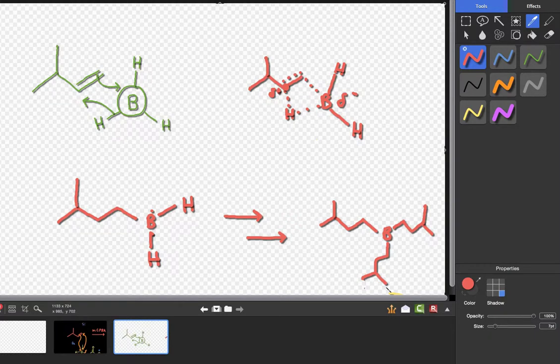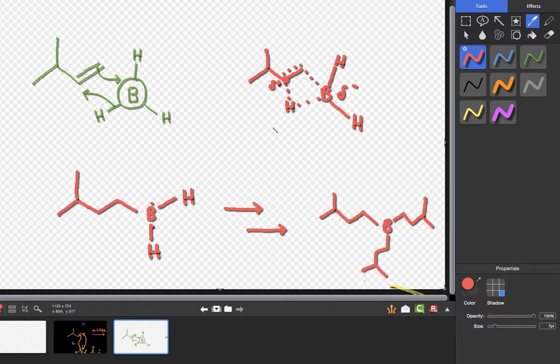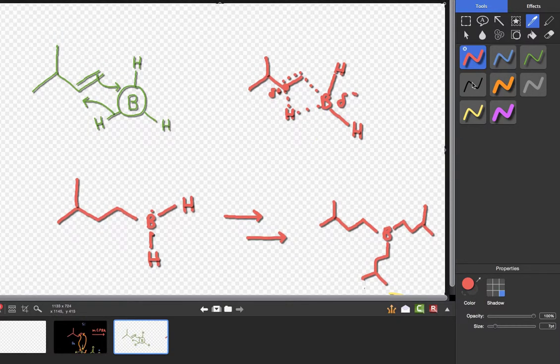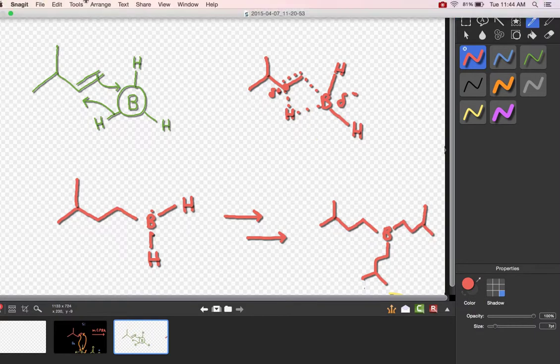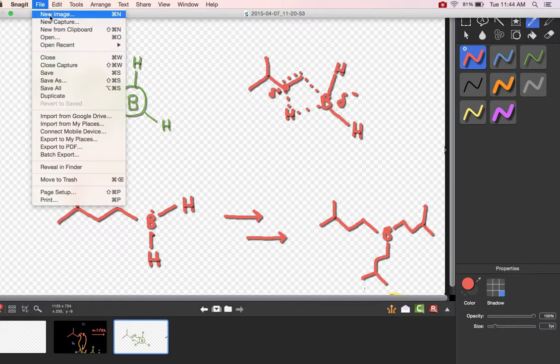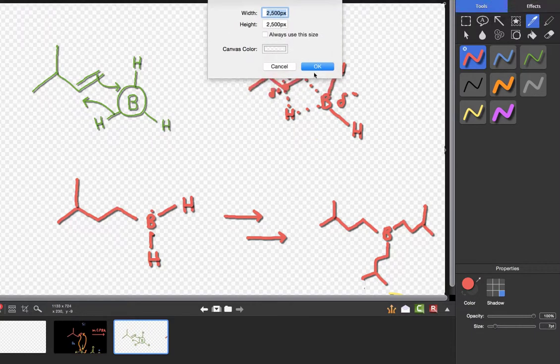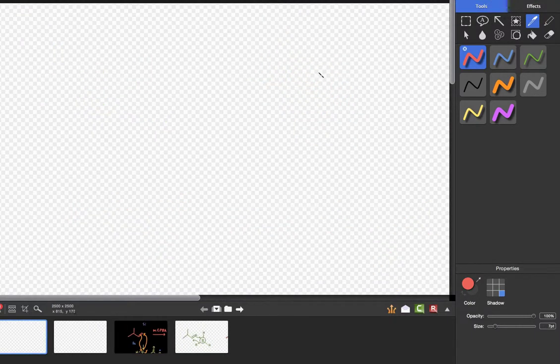Now, one of the things that can occur here is that THF is thought to be implicated in stabilizing this borate complex. Let's take one look at that before we move on to the second piece of this. So, I'm just going to use a blank screen. If we look at borane through another lens, I'm going to actually show the empty p orbital.